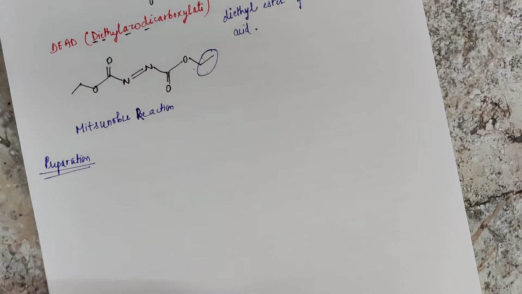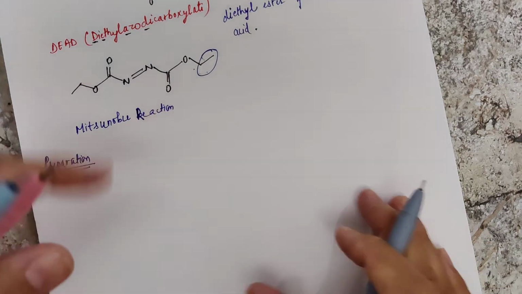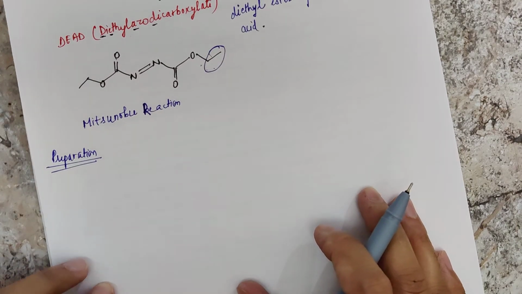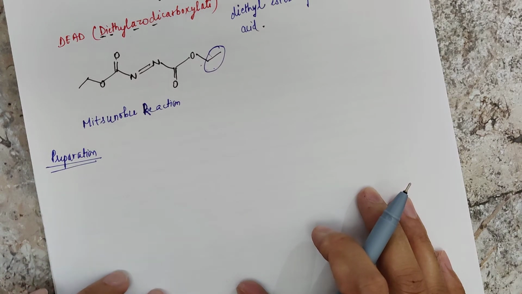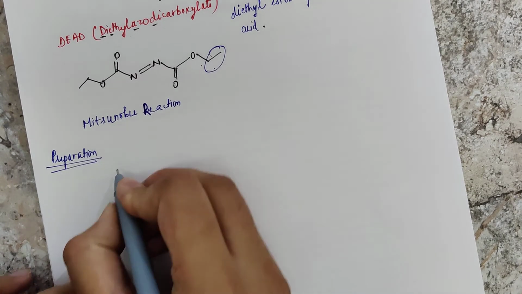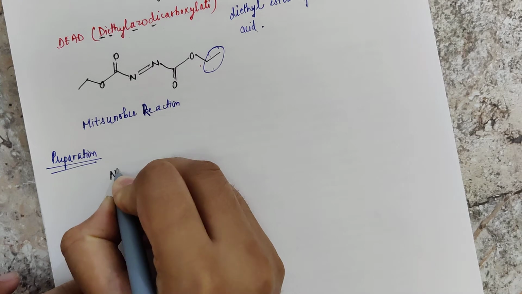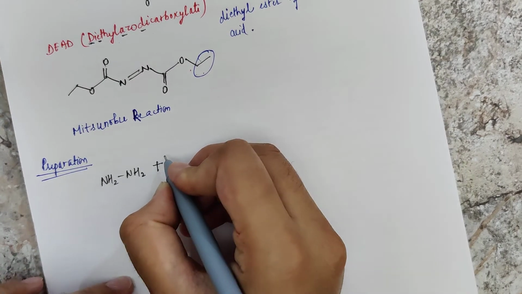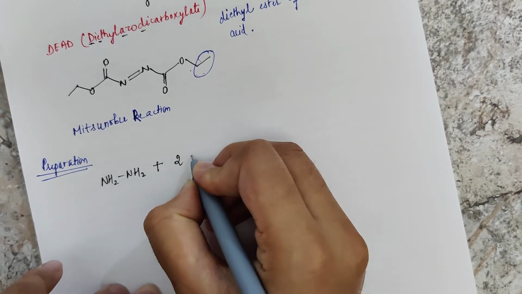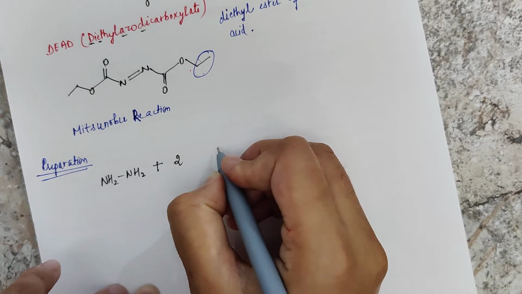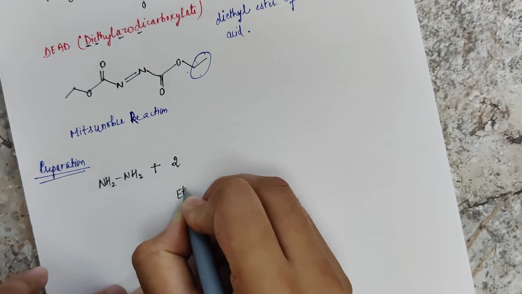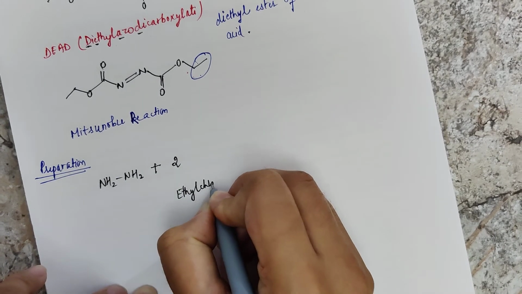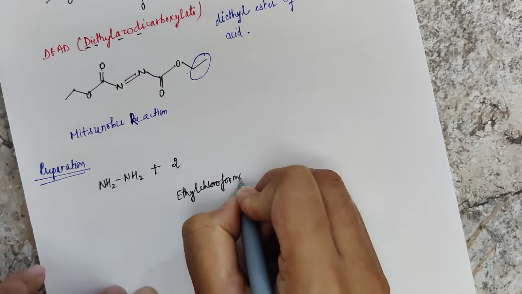It is prepared by reacting hydrazide with 2 molecules of ethyl chloroformate. It's a two-step process. NH2NH2, this is our hydrazide. 2 molecules of ethyl chloroformate.